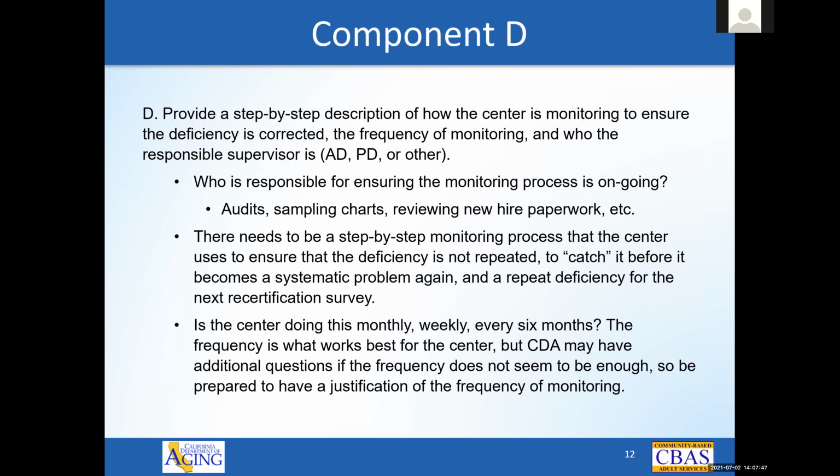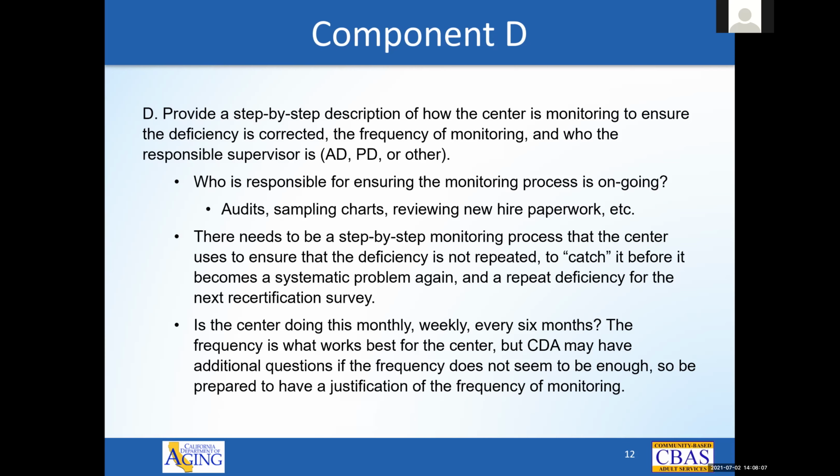Component D in the plan of correction tool asks the following: provide a step-by-step description of how the center is monitoring to ensure the deficiency is corrected, the frequency of monitoring, and who the responsible supervisor is. For example, the administrator, program director, or someone else.